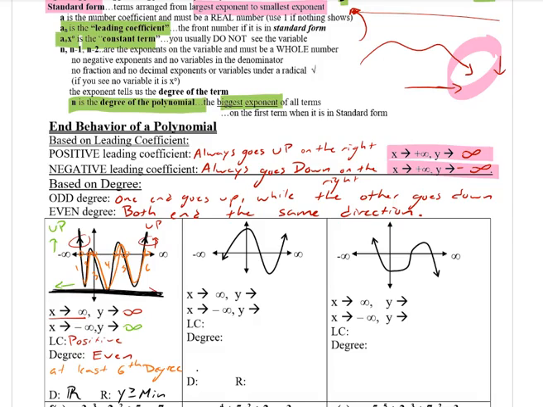We can start with these arrows. Up on the right and down on the left. So if it's going up on the right, that means it's going to be positive infinity. If it's going down on the left, that means it's going to be negative infinity.